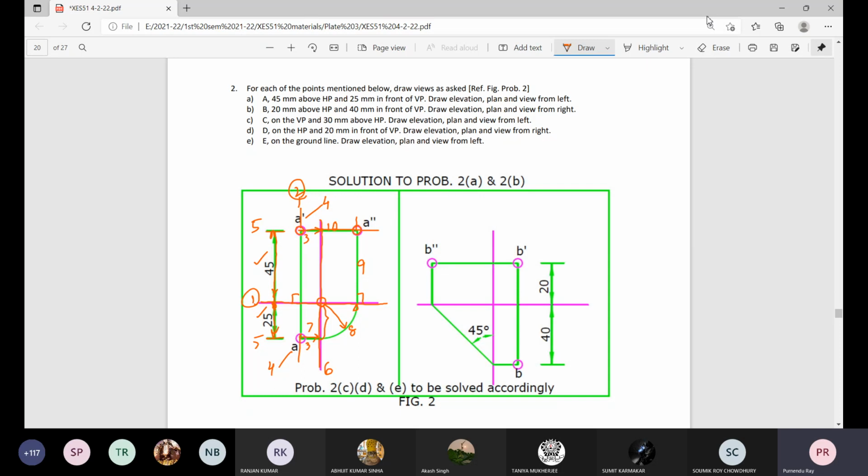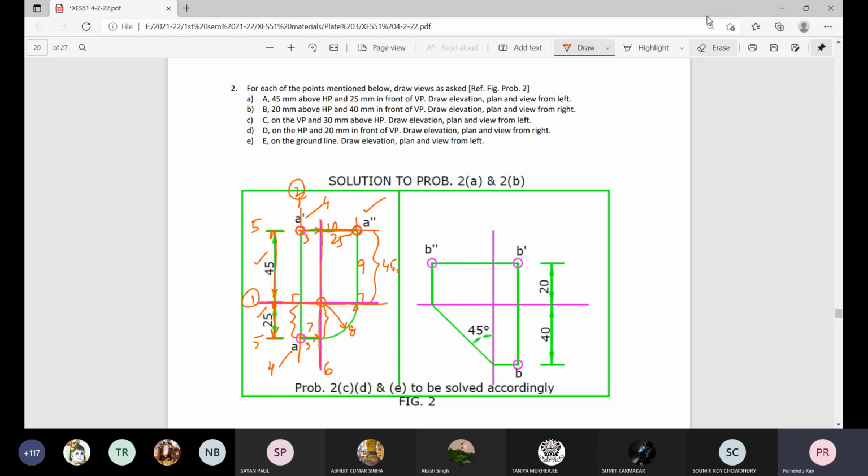It will be the view from left, A double dash. Because it is satisfying the same height, distance from horizontal plane, that is 45 millimeter, and distance from vertical plane, that is this much. Same thing, the 25.